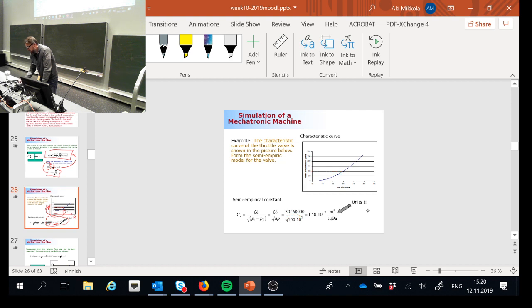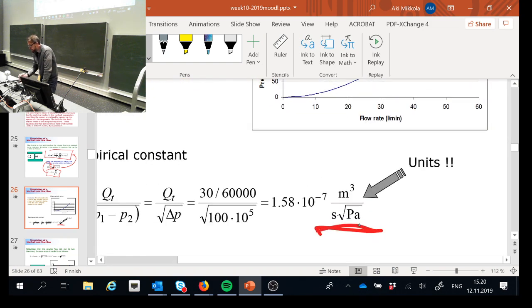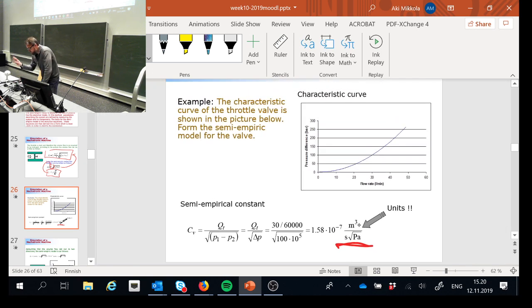Units are a little bit painful here, so you can of course convert these units to millimeters and whatever you want. So the units are meter to the power 3 per second per square root Pascal, so it's painful.